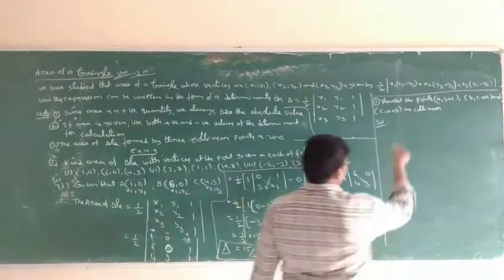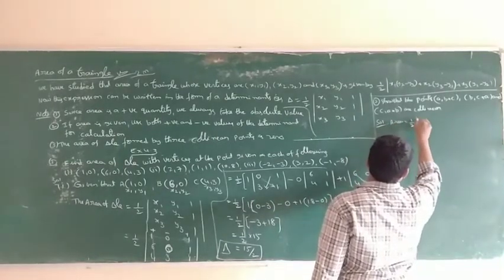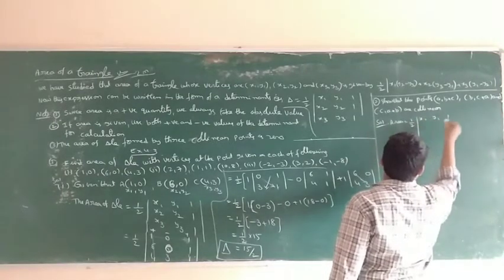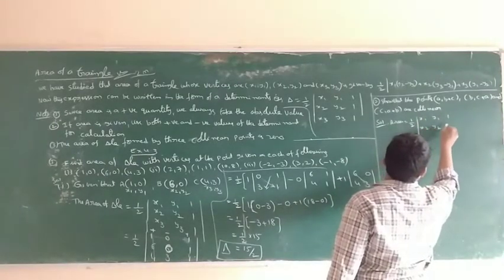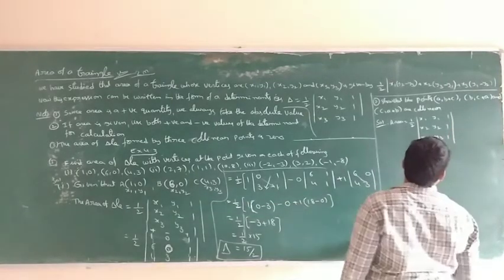So area is equal to 1 by 2 into, what is the formula? x1 y1 1, x2 y2 1, x3 y3 1.